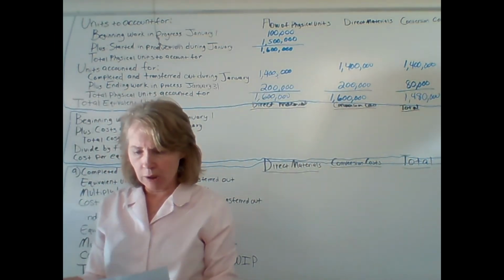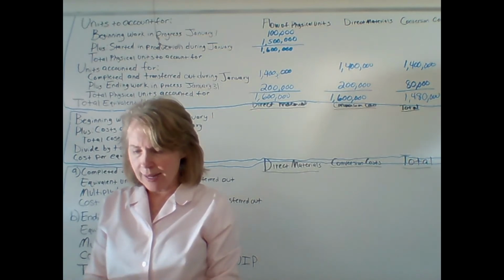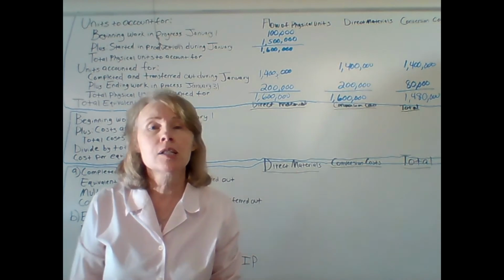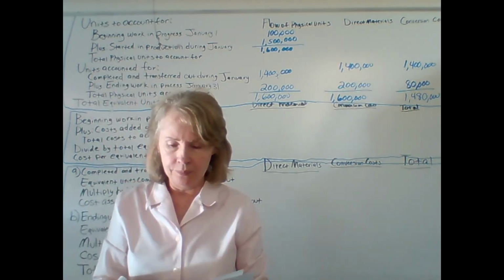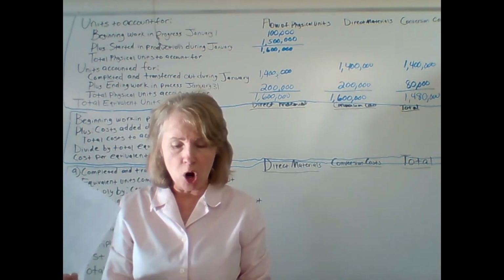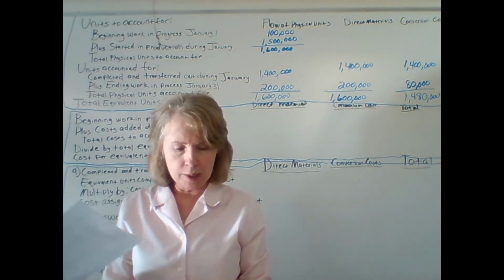Okay, so now I look back to the problem, and the next thing I'm going to figure out is the cost per equivalent unit. Now I'm getting into costs, so I'm going to look for dollar figures. Here's what it says.